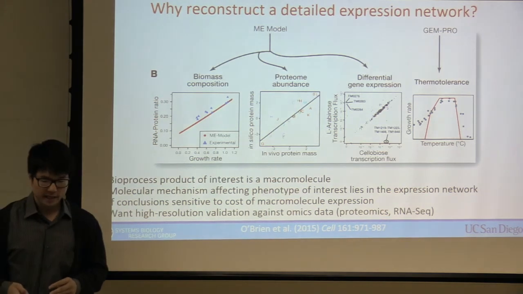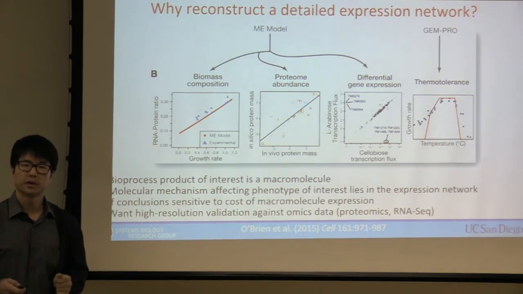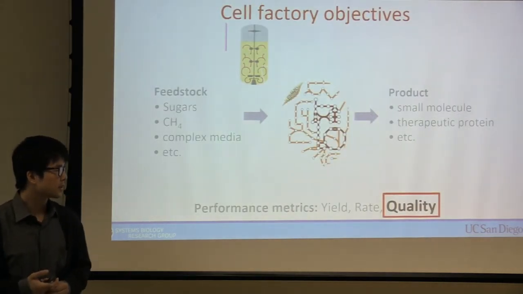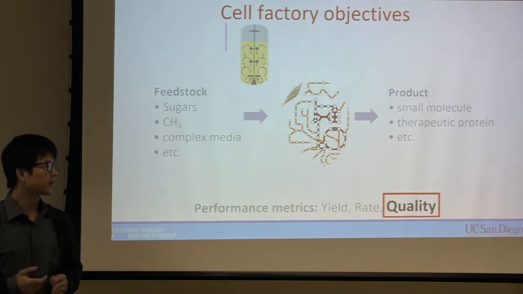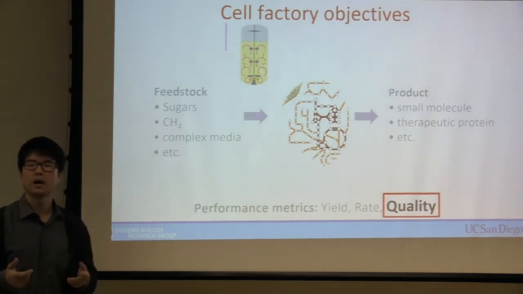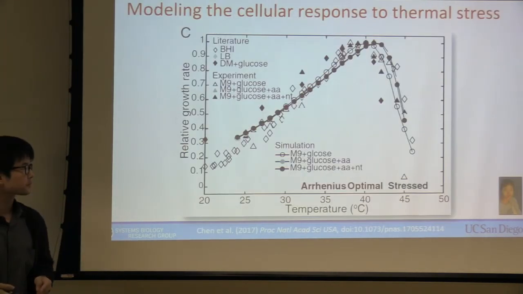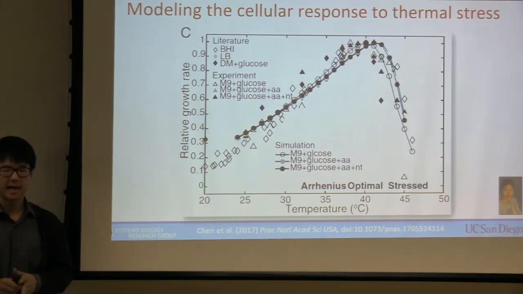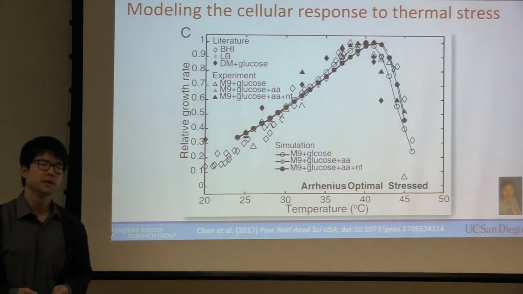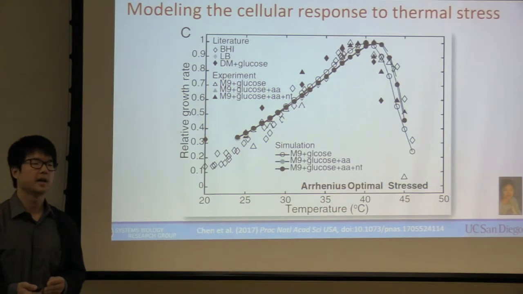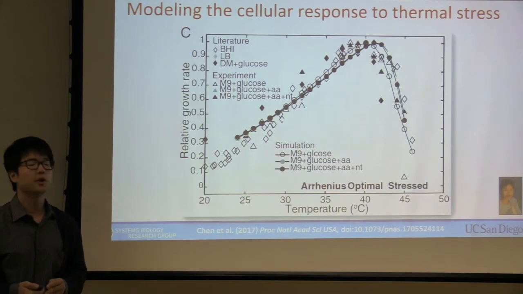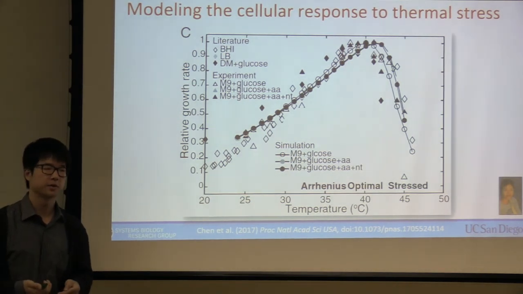All right. So now that we have this overall framework to account for macromolecule allocation, we can start to address some more difficult questions, like the quality of proteins that are being expressed. One interesting example is what happens to individual proteins and the proteome overall under different stress conditions. Right now we've looked at what happens when cells are thermally stressed, when they're exposed to very high temperatures.